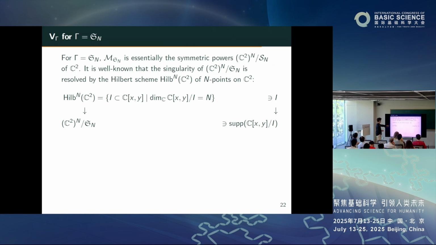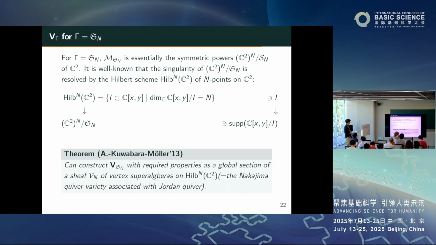Because this is a singular variety and this one is a smooth variety, it's much easier to work on the smooth variety. What you can do is construct a sheaf of vertex superalgebras on this smooth variety. If you take the global sections, you obtain a vertex algebra which satisfies the required properties. So in this way, you can show the existence and prove the conjecture of Moore–Tachikawa.